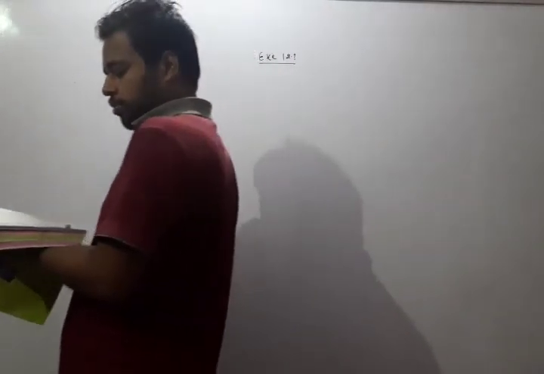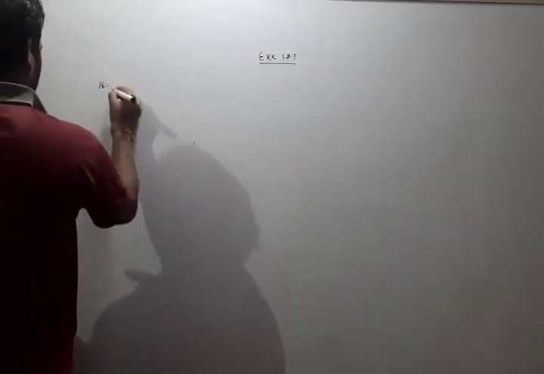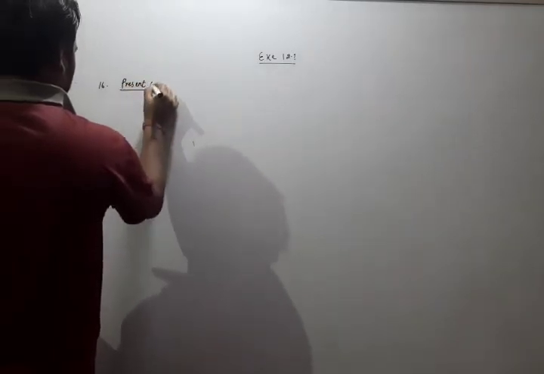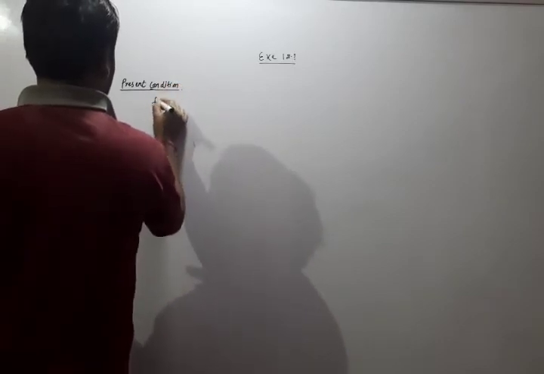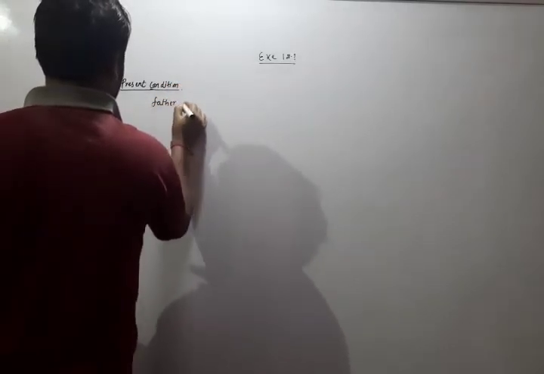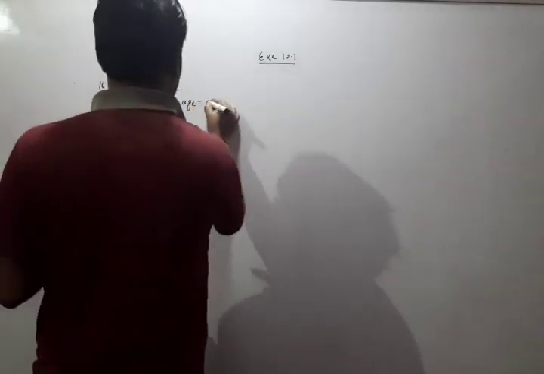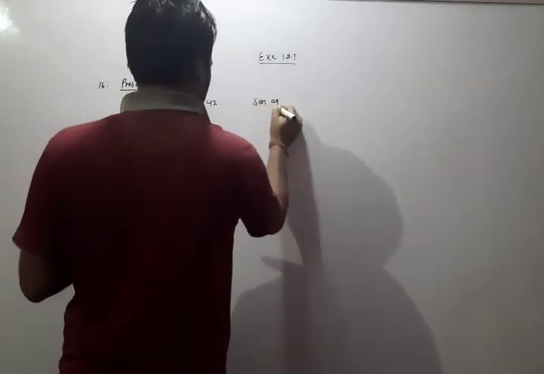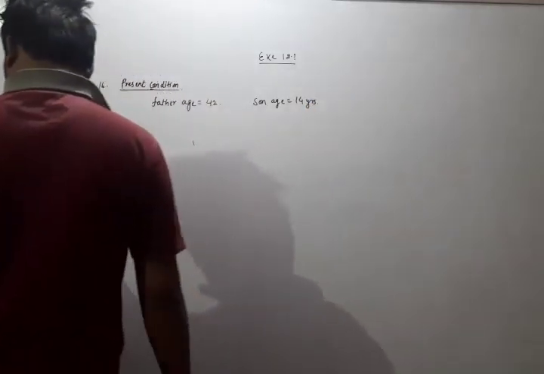Present age of father is 42 years and his son is 14 years. Find the ratio. Present condition: father's age is 42 years, son's age is 14 years.